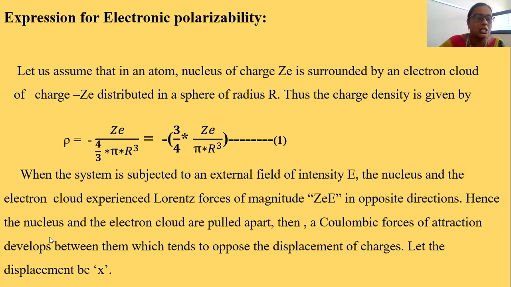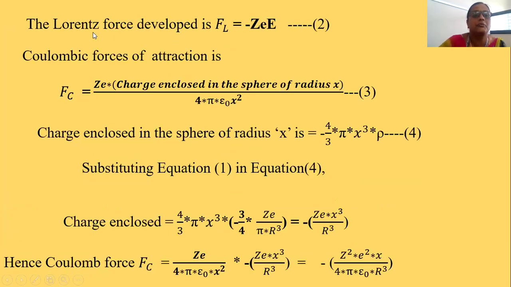A Coulombic force of attraction develops between them, which tends to oppose the displacement of charges. That means if the positive and negative charges are separated by a distance x, then the Lorentz force is FL equal to minus ZeE. The Coulombic force of attraction FC, we know, is Q1 Q2 by 4 pi epsilon naught R square. So it is Ze into the charge enclosed in the sphere of radius x by 4 pi epsilon naught x square.